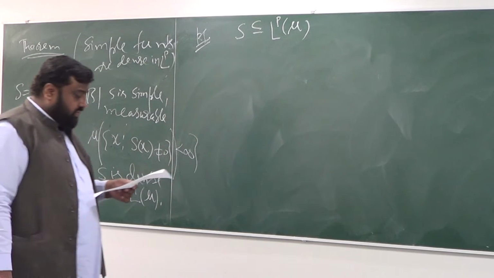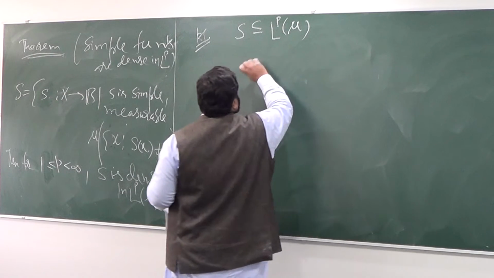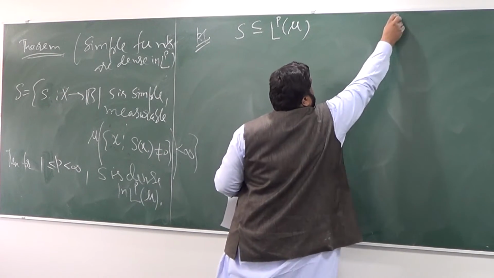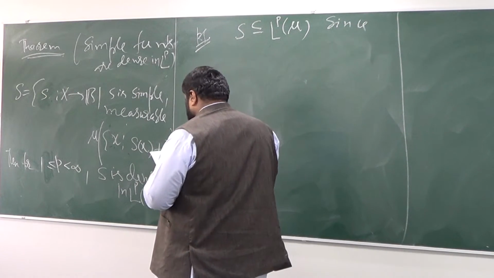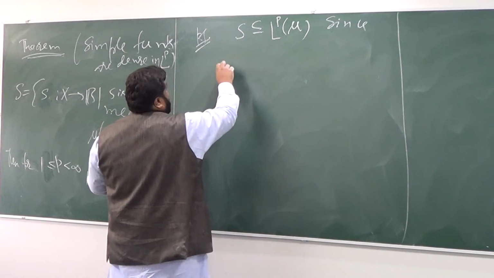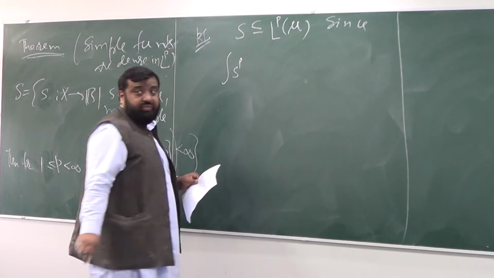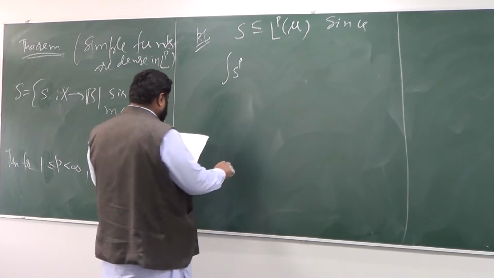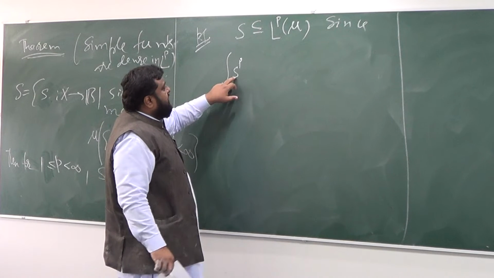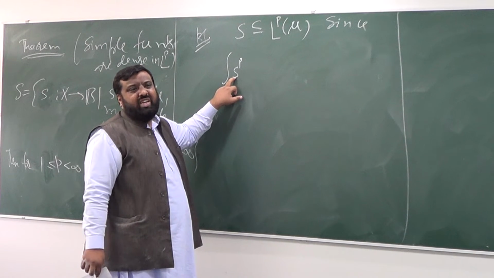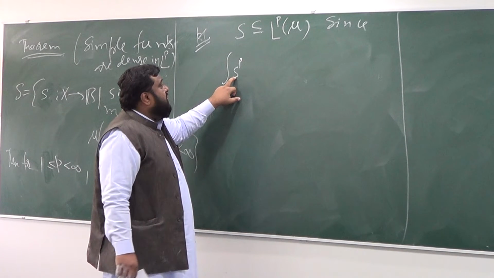In order to show that this is true, if you take any S from here and integrate it over X, I know that this S takes some finite number of values.